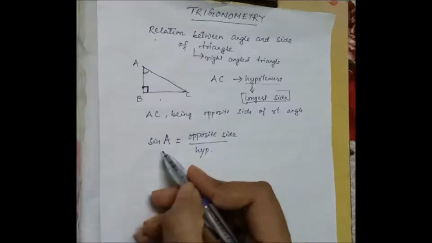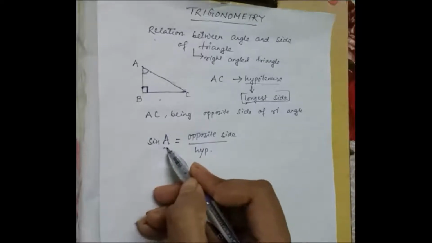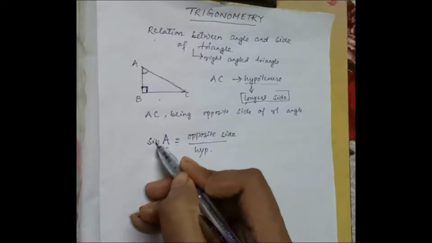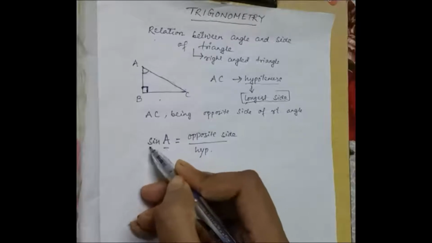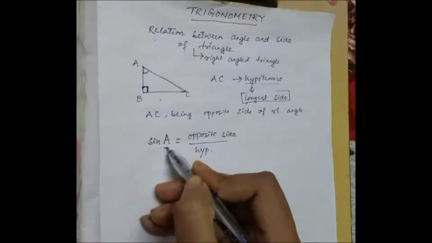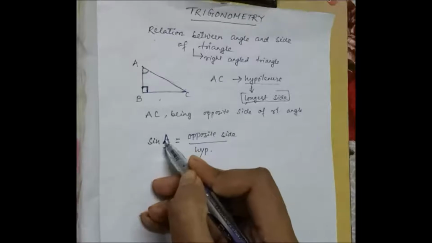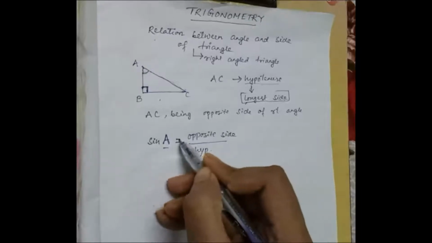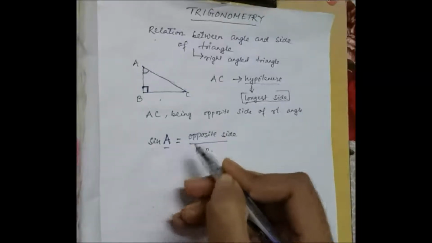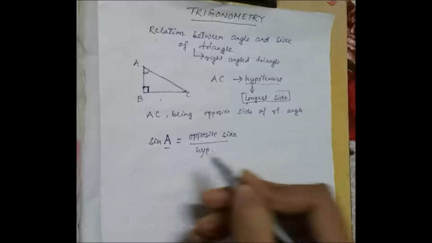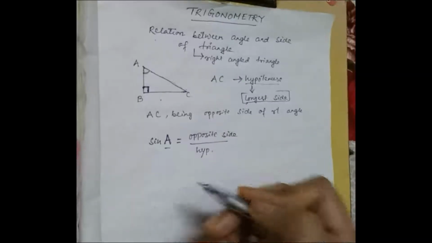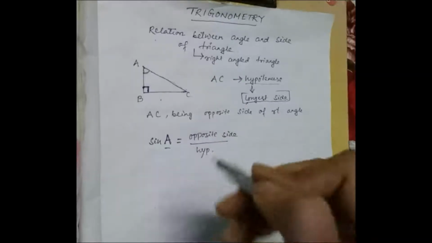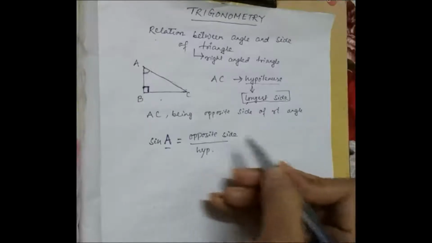Now we have considered angle A. Remember that sin is a single word, and after some gap comes the angle A. So sin A is equal to opposite side by hypotenuse. This is the definition of sine of angle A.